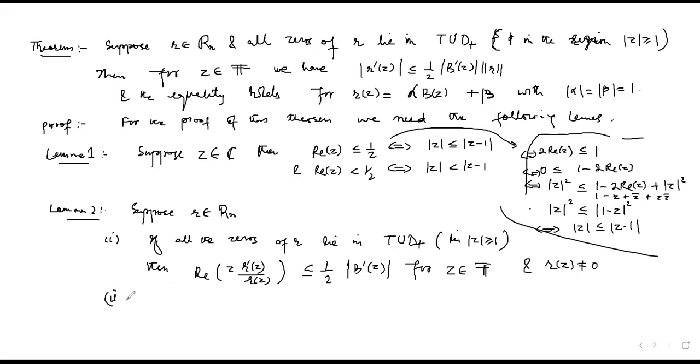The second part of the statement is this: if R has exactly n poles, which is our case, exactly n poles a1, a2 up to an, and all zeros lie inside.